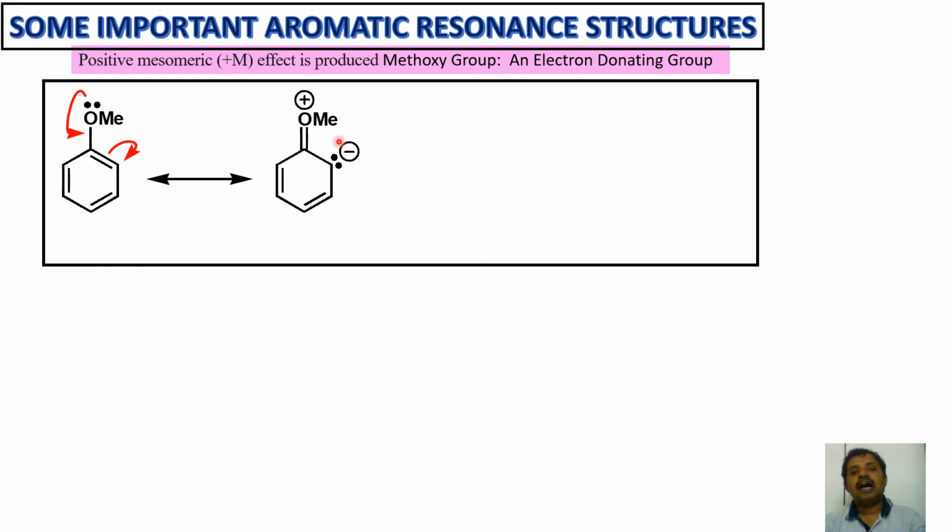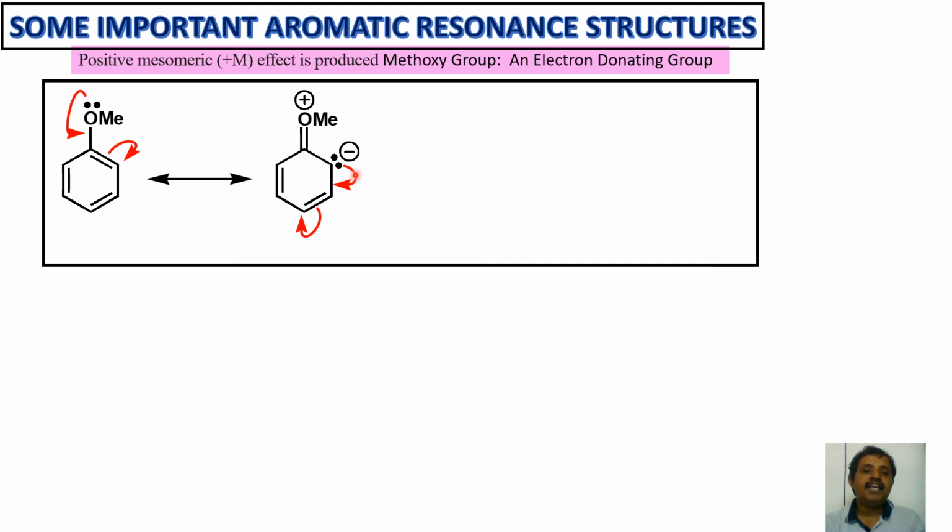The electrons are partially lost. Because of that, oxygen gains a positive charge, and the double bond undergoes cleavage, leading to the formation of a negative charge on one of the carbons at the ortho position.